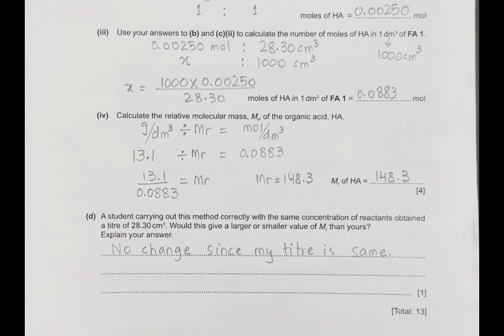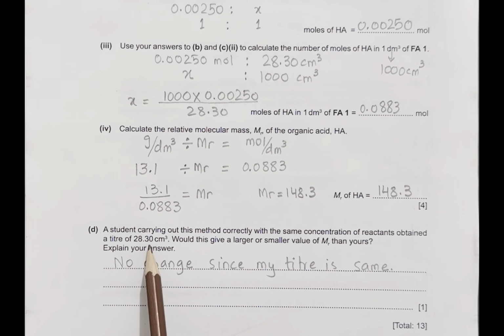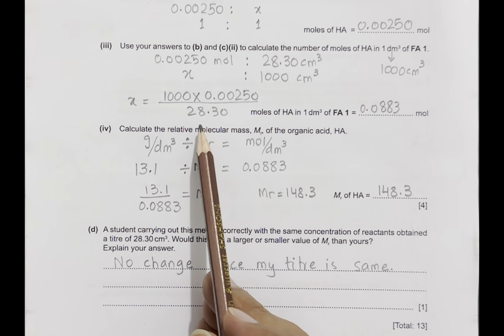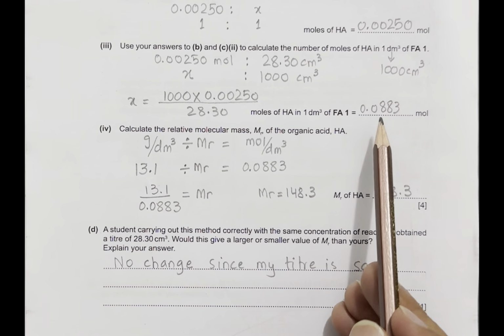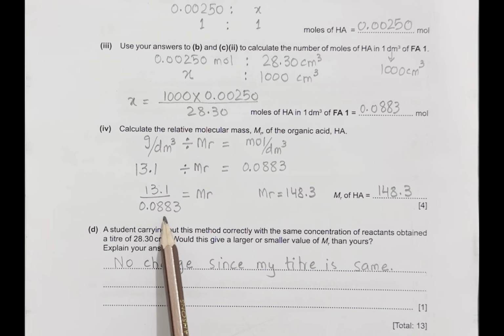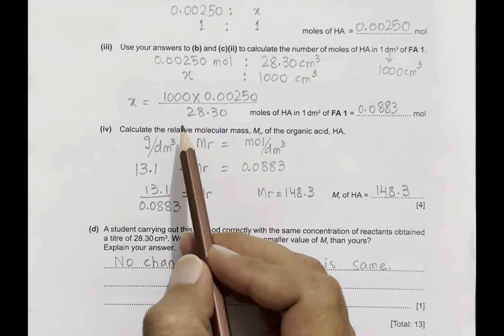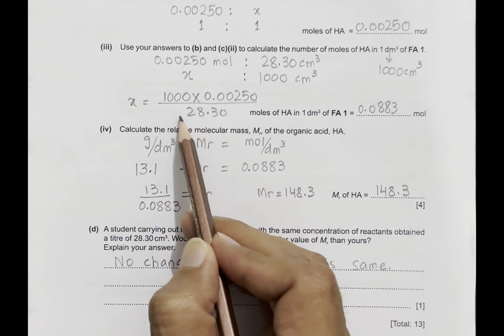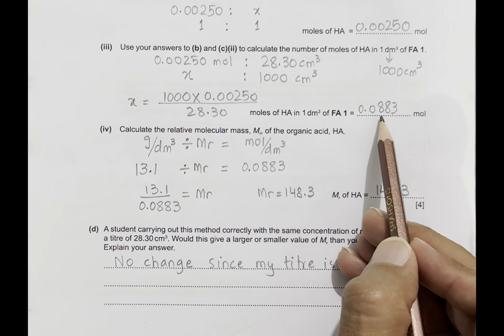First of all, see where this titer was used in the calculation of MR. This 28.3 is used in 2 steps in the calculation of MR. Firstly, it was used in the denominator to calculate the concentration, and then this concentration is again used in the denominator to calculate the MR. Now think, if my titer would be greater than this, that means my concentration calculated here would be smaller.